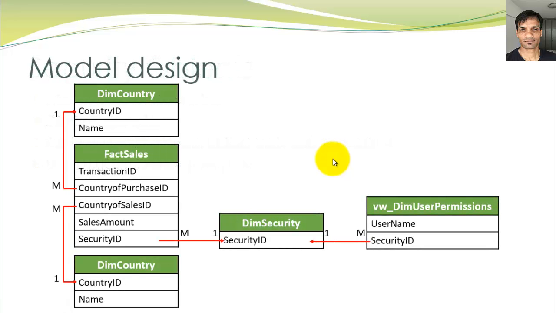Now I'm going to create a tabular model, and I will create exactly this model. So we have fact sales table, and this table has relationship with the dim country table.